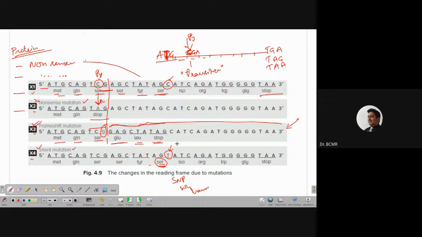Of course, there are variations to it when it comes to viruses and so on. Sometimes the ribosome can move one step backwards or one step forward. This is called ribosomal frame shifting. You can read up on it.